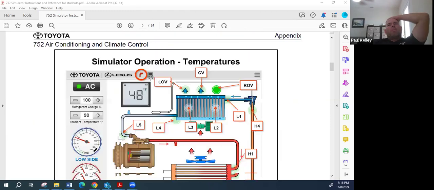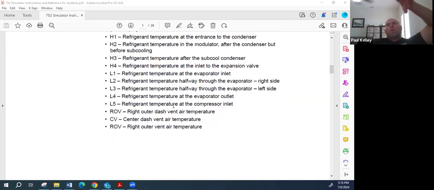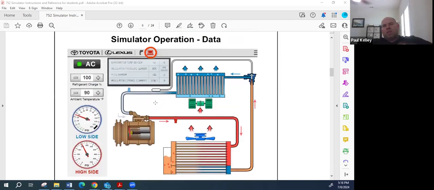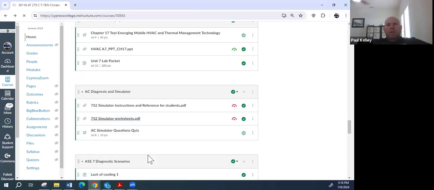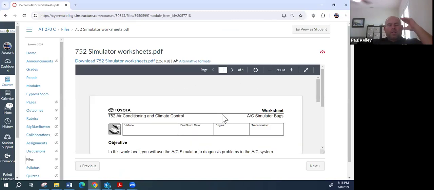This will give you all the different explanations of where the points are, but I feel like for the most part, that's fairly self-explanatory. Our next step, so you're going to download that. Our next step is going to be to download the actual worksheets right here, and it's in order. You go here and it says to download the worksheets. You can download them. Because I have them, I'm going to go ahead and pull them up.